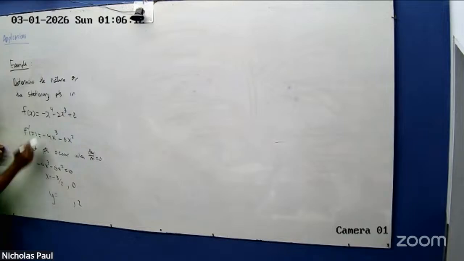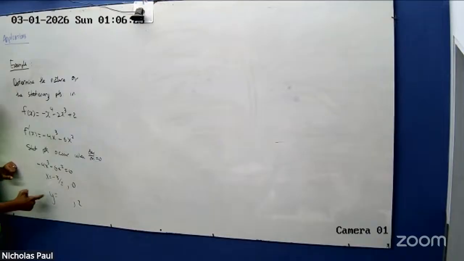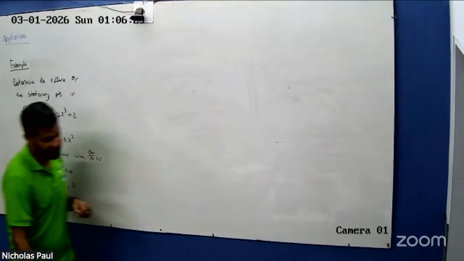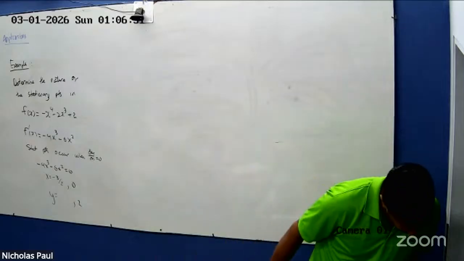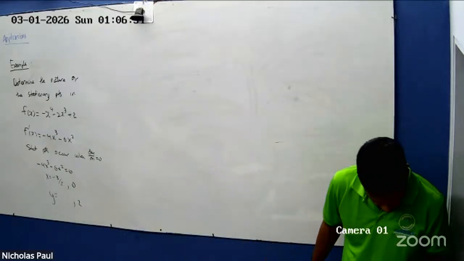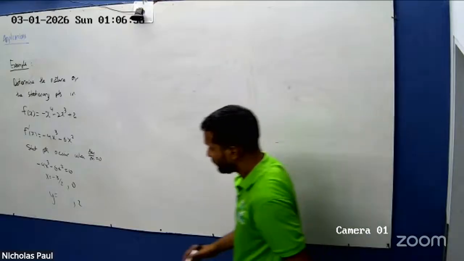You have the stationary points, right? So you gotta get down the y value too. What again? For minus 3 and 2. Minus 9? How much you got?